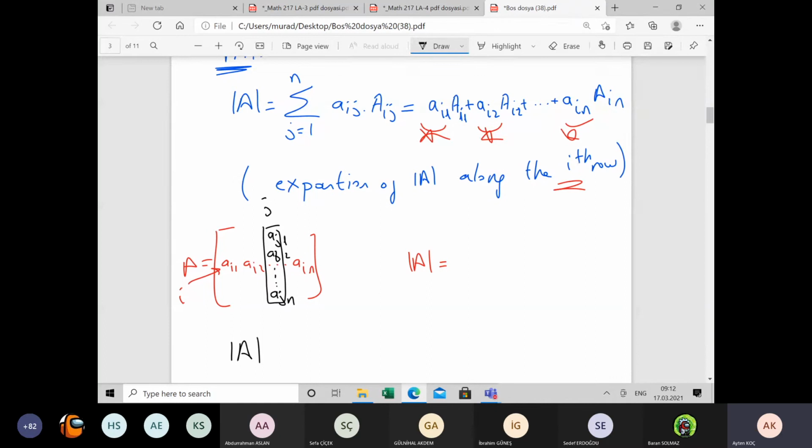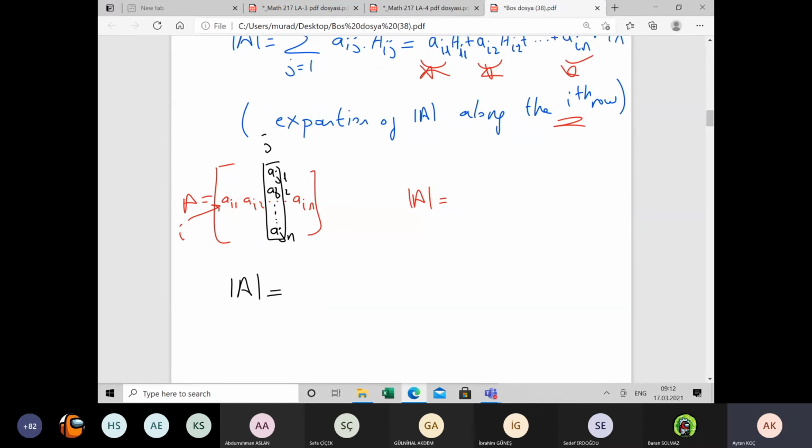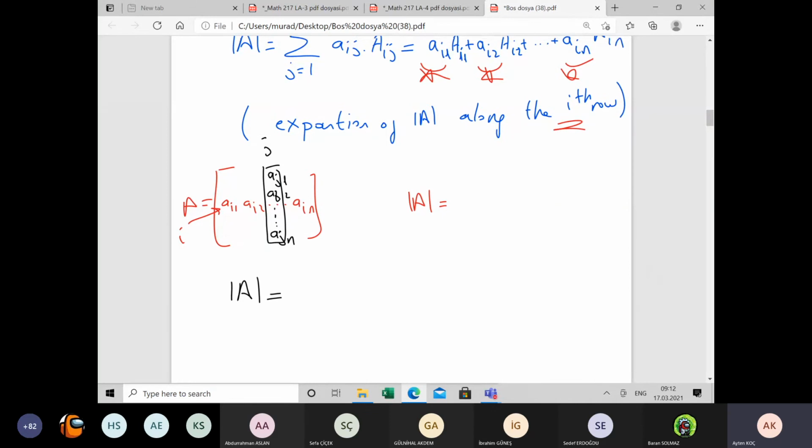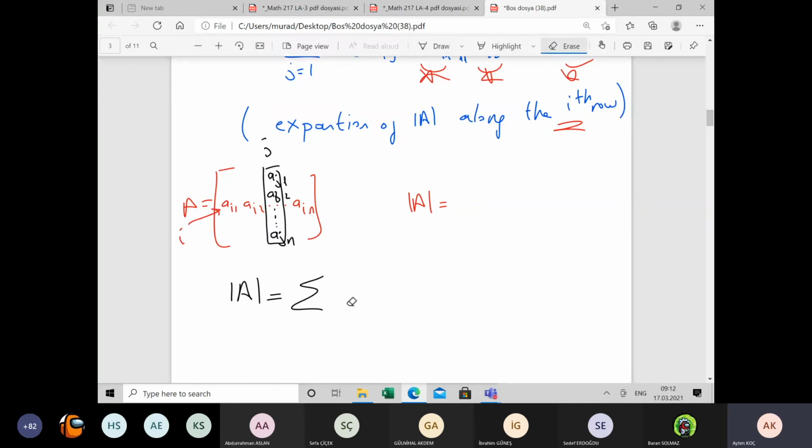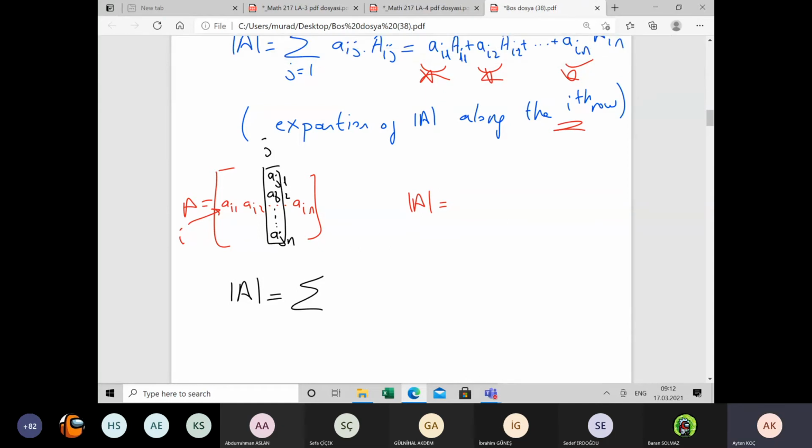Take the column J, and this one gives the formula for determinant, and this one is summation over I from 1 to n.